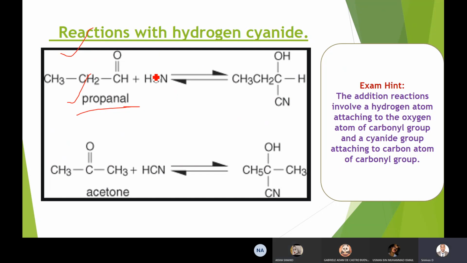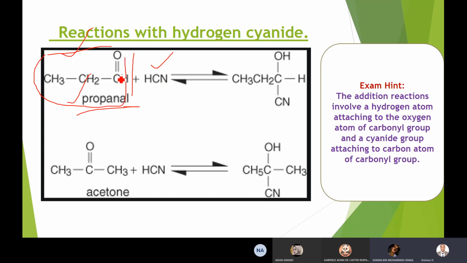So when an aldehyde reacts with HCN, it is a nucleophilic addition. See, nothing is removed. This HCN is directly added over this propanal, this carbonyl compound. How it is added, you will understand in the mechanism. It is so simple. By default, this carbonyl compound has a little polarity.